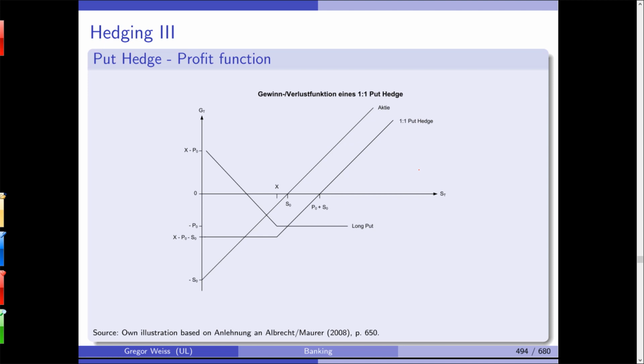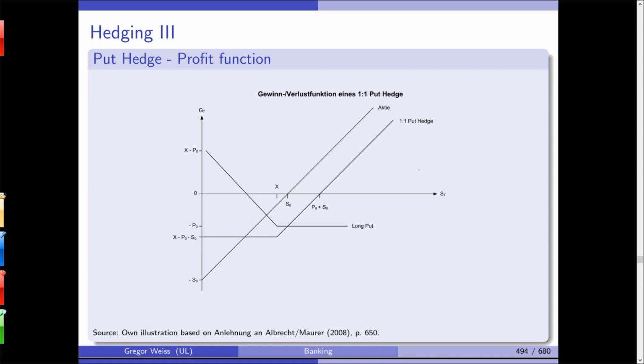And you can see that we can limit our losses. For example, if we invested 100 in the stock, the hedged position will not be minus 100, but it might simply be minus 50. So our losses are bounded below. And if you look at the right side, we will not profit as much from increases in the stock price.